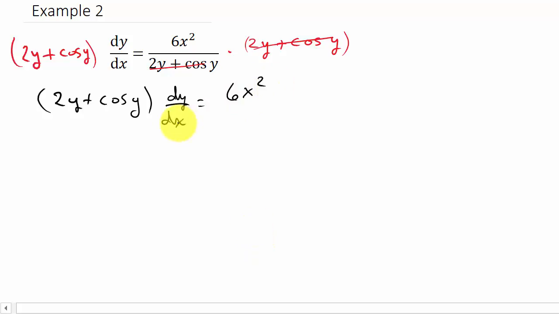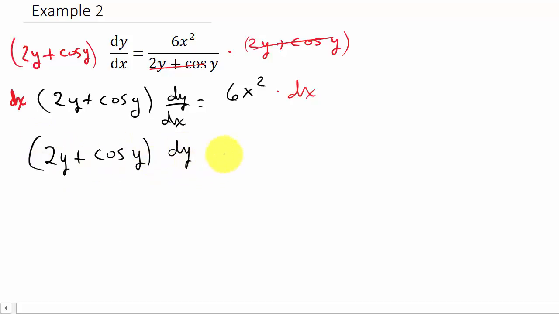And then I need to get this dx with the x, so I'm going to multiply both sides by dx. That's going to give me 2y plus cosine y times dy equals 6x squared dx.